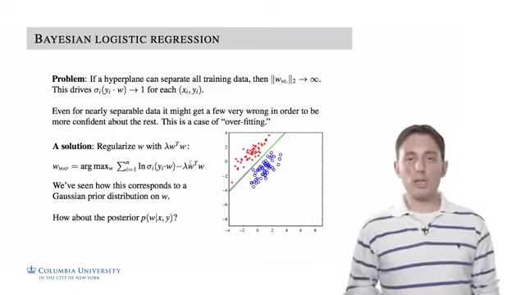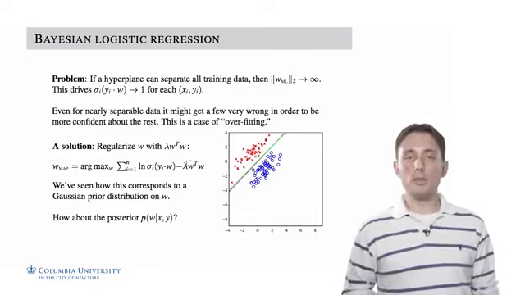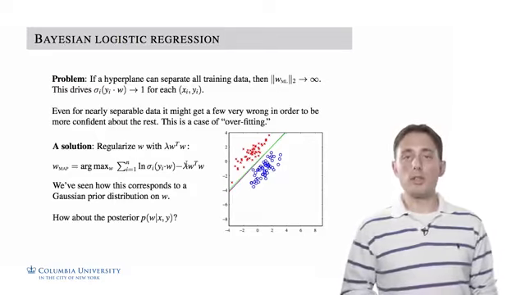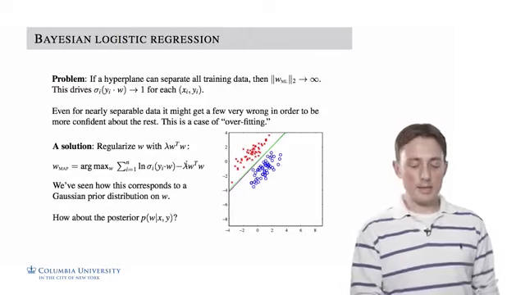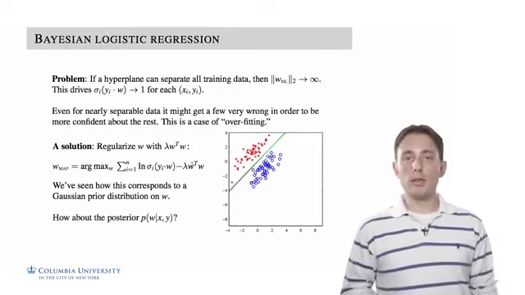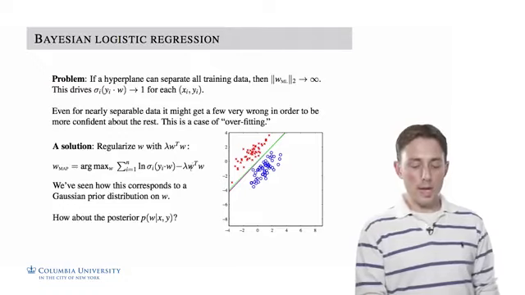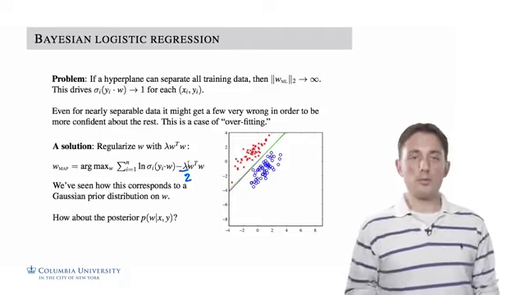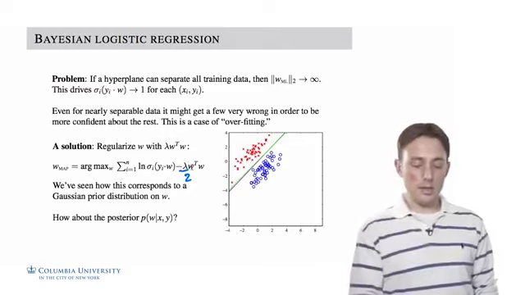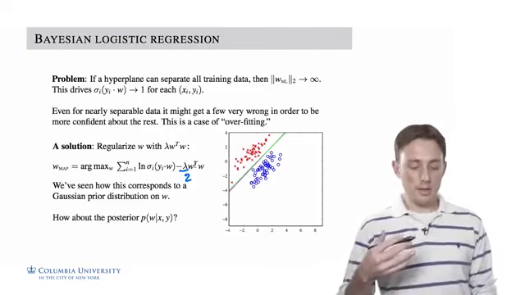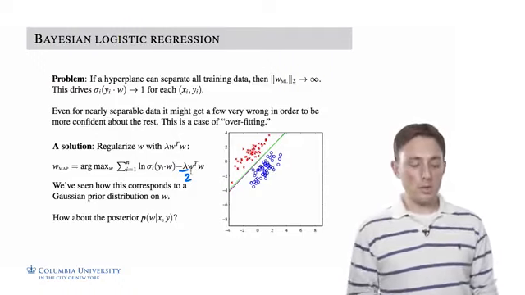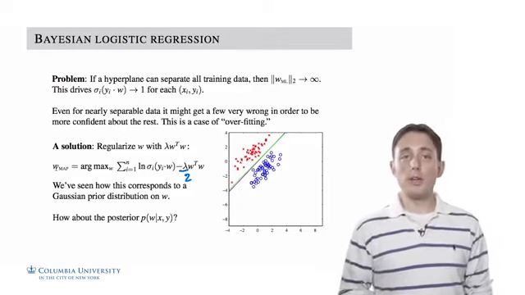We can add a regularization term that penalizes magnitudes of W becoming too big, and just like with regression, we can also motivate that as adding a multivariate Gaussian prior to the vector W, in which case we have, I should say, lambda over 2 times the dot product of W with itself as the additional term in the optimization, where this corresponds to a Gaussian prior on W, in which case we're not doing maximum likelihood anymore.